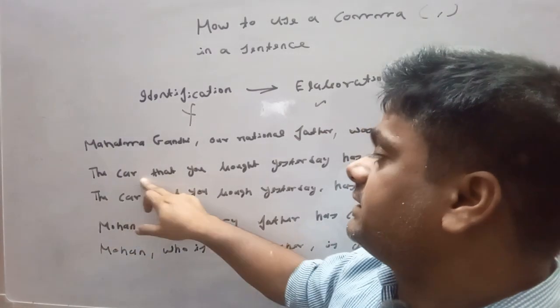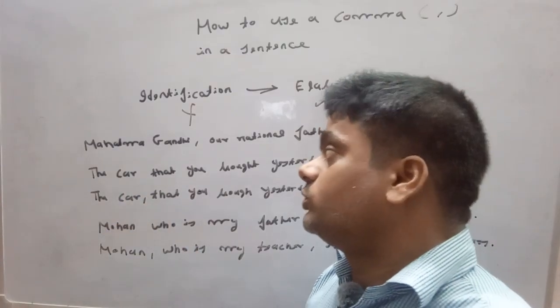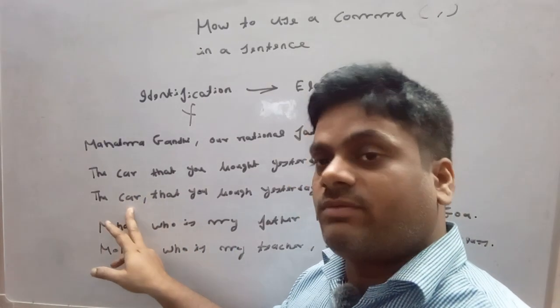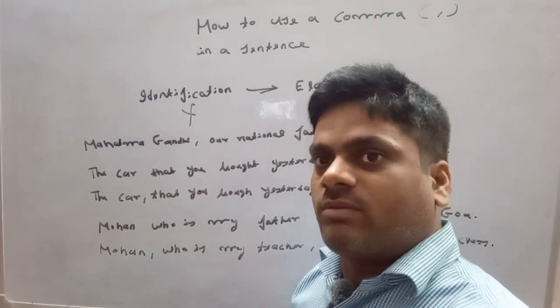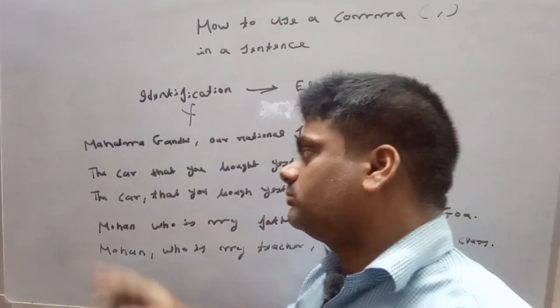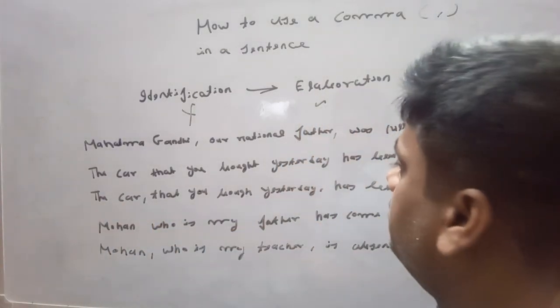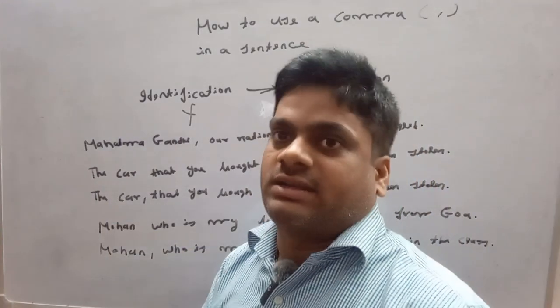So in the second sentence we do not use a comma, because here we are going to identify the noun, but in the third sentence we have used a comma. It means it is giving an entirely different meaning from the second sentence. The car, that you bought yesterday, has been stolen. It means we have only one car.